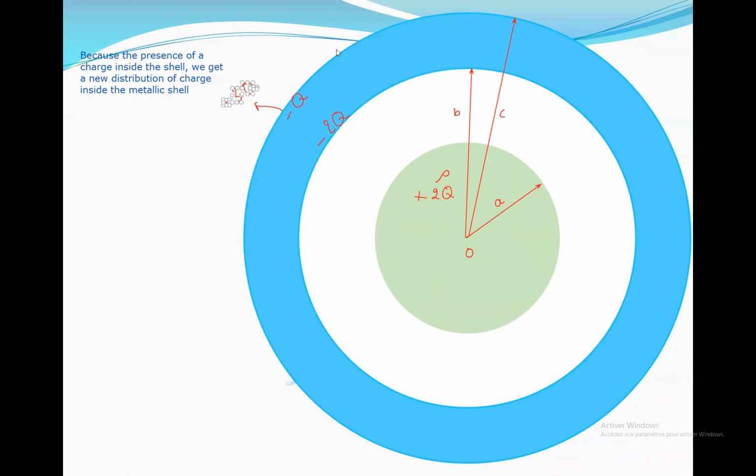This is the total charge. And we can say we have this new distribution at electrostatic equilibrium.